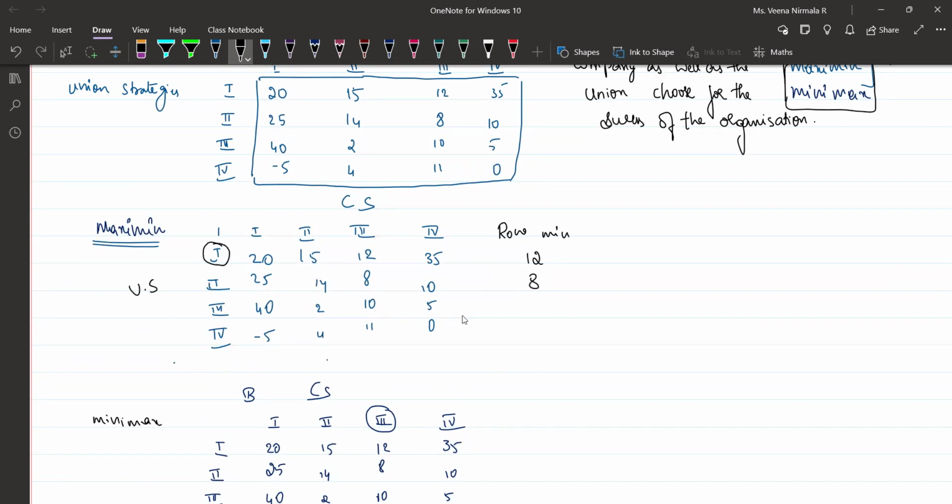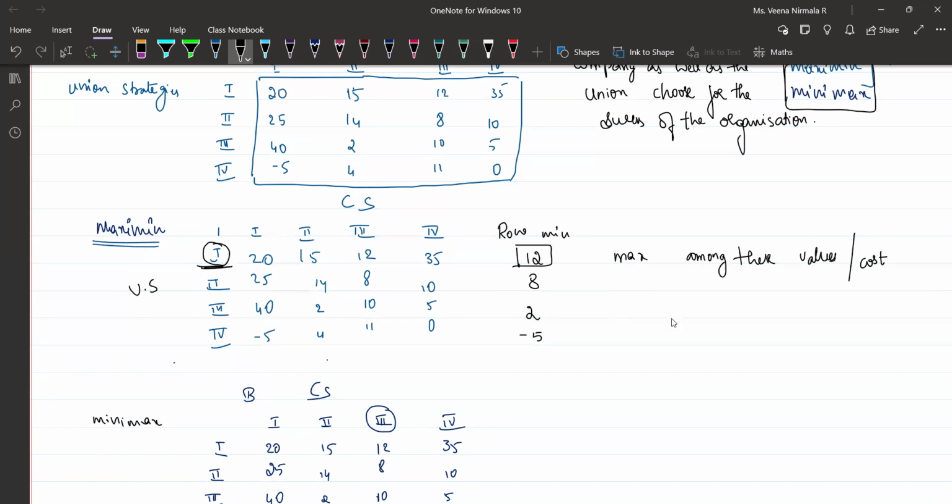In the third row? 2. The minimum here is 5. So we are maximizing the minimum. Which is the maximum among these values? 12 is the maximum. So 12 comes under which strategy?